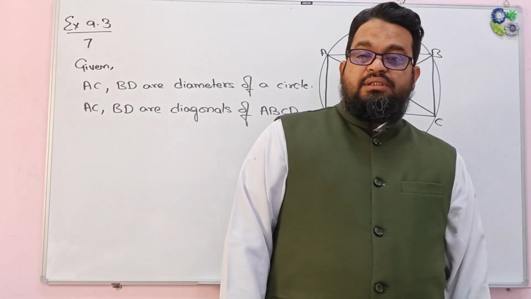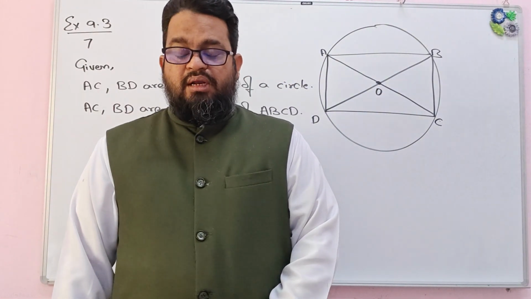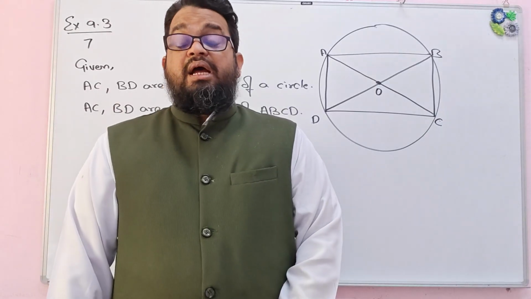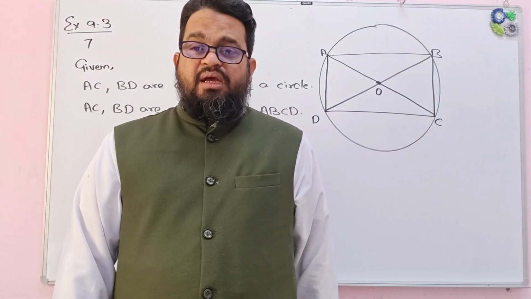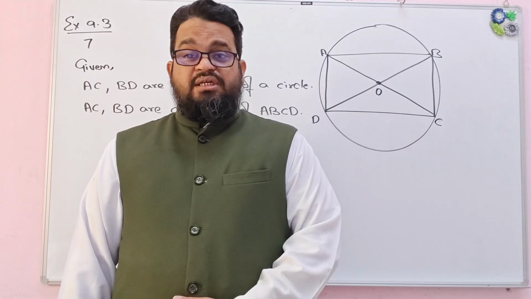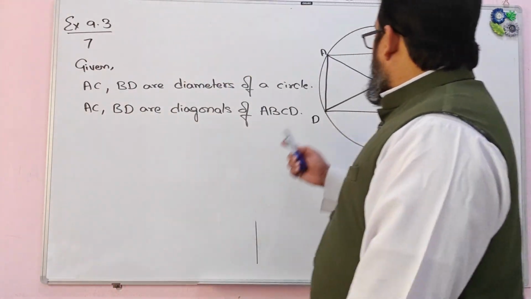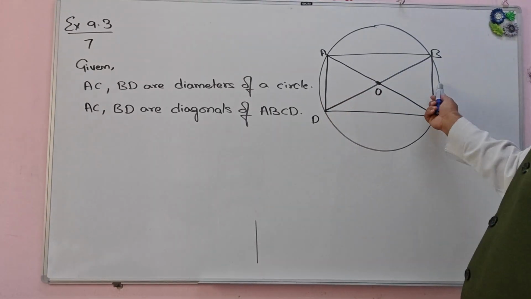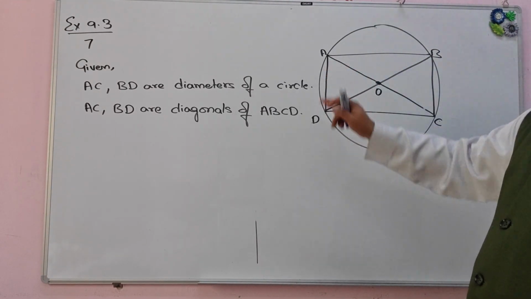So what is the definition of a rectangle? A rectangle is a parallelogram with the angle between the adjacent sides being 90 degrees. So you have to prove either that the opposite sides are equal, or that all the angles are 90 degrees.